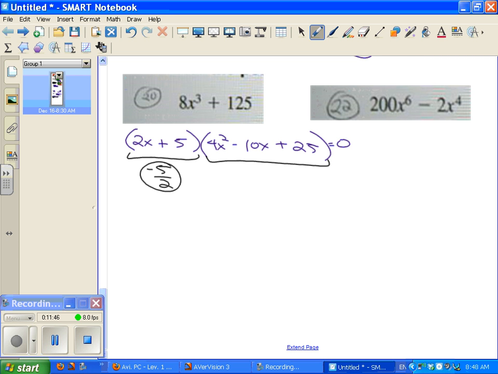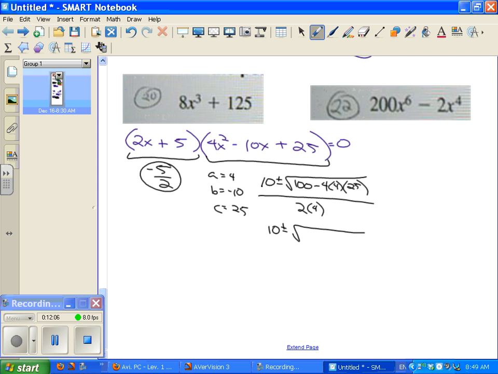So I'm going to get A equals 4, B equals negative 10, and C equals 25. So the opposite of B, plus or minus, the big square root of B squared, which is 100, minus 4 times A times C, all over 2A. 10 plus or minus the square root of 100 minus 16 times 25, which is 400, all over 8.